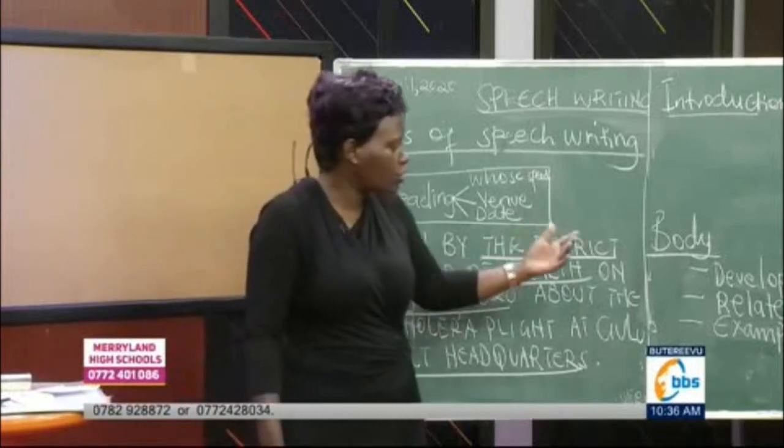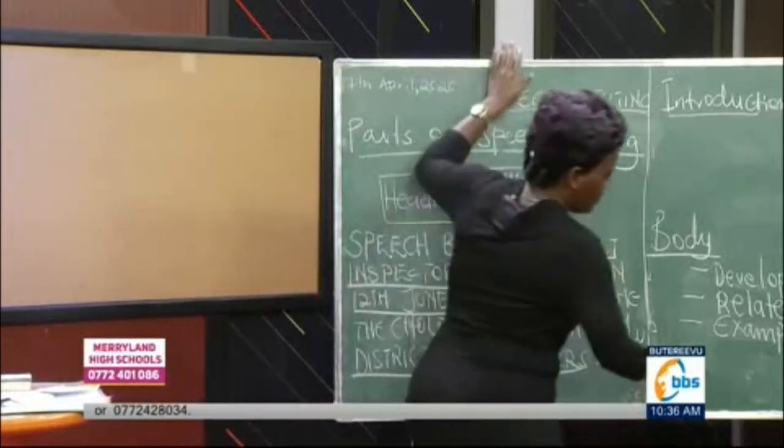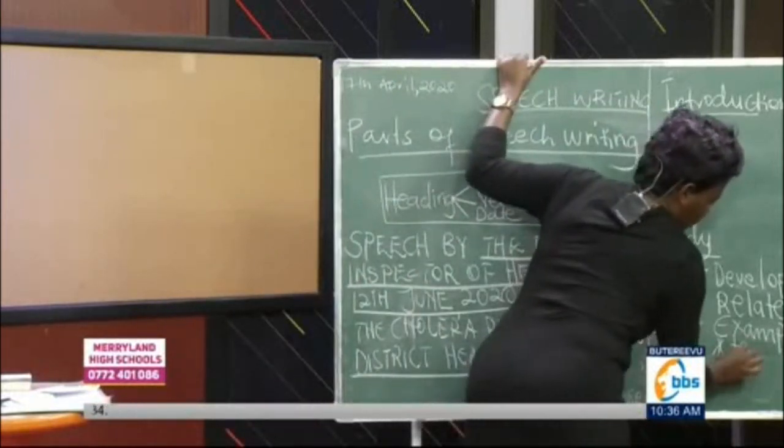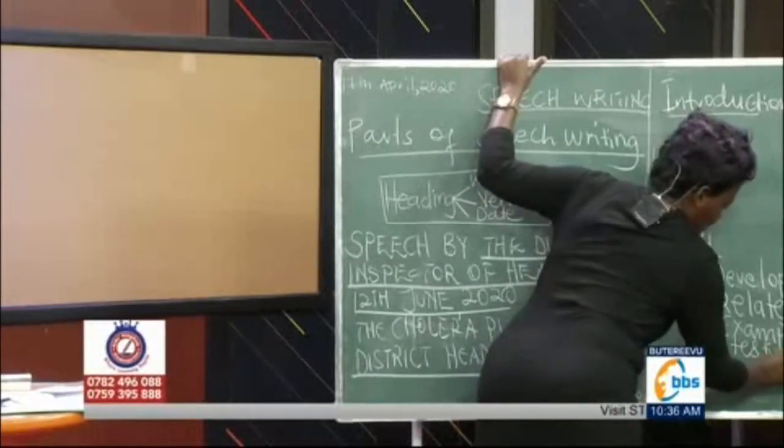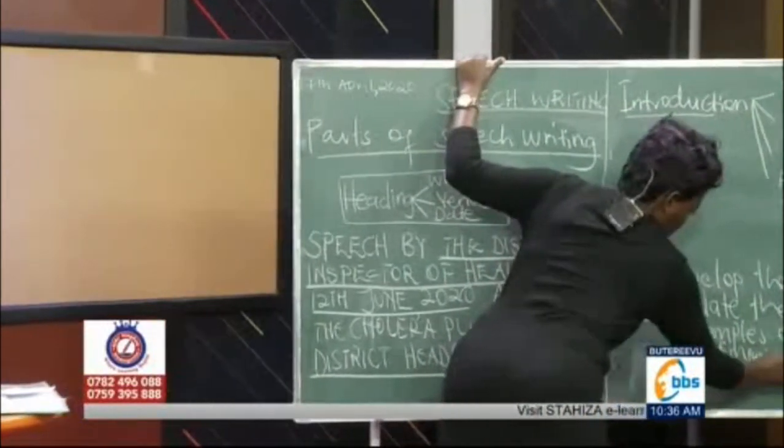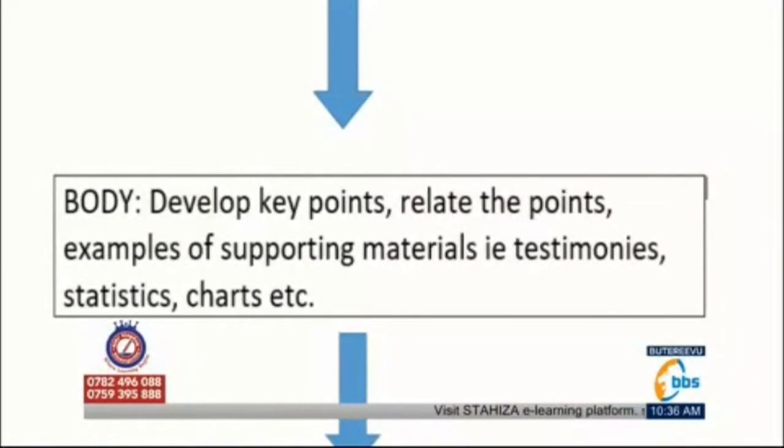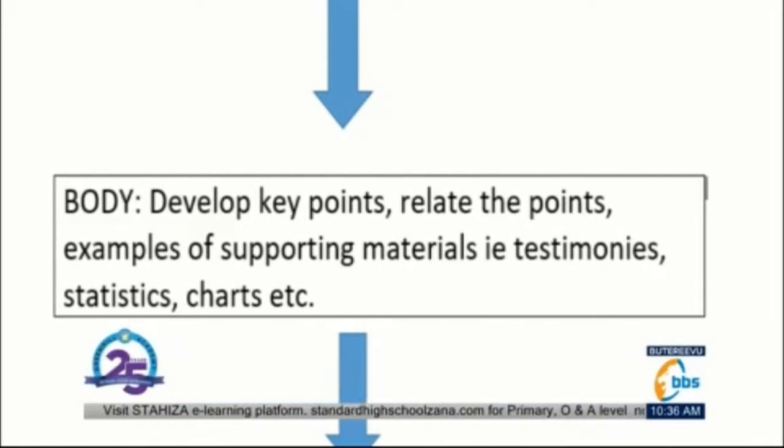We shall expect you maybe to give even statistics. You give testimonies. You give statistics. But these must be facts, really. A candidate who is writing, ensure that these look like facts.